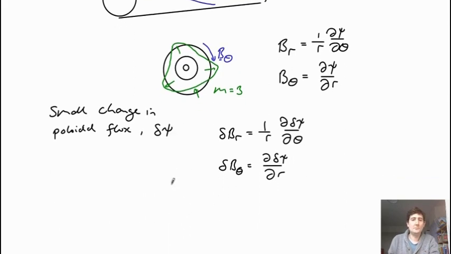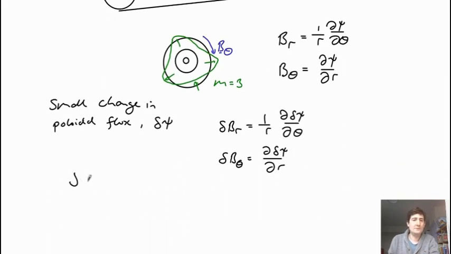And so because we have that J, for example, J in the toroidal direction is just 1 over mu naught times the toroidal component of curl of B. So that's basically curl of the poloidal field, again in the toroidal direction.